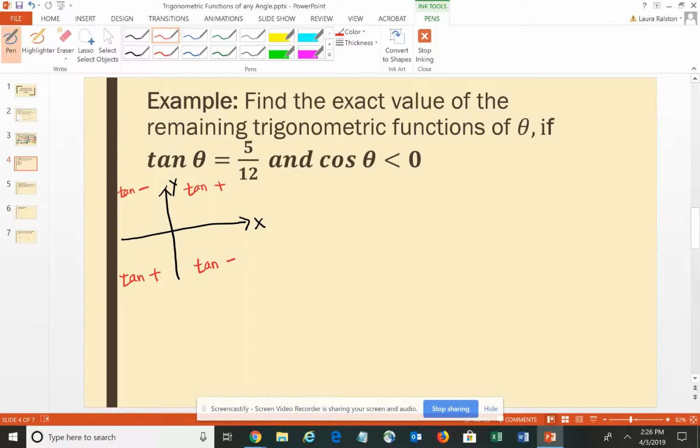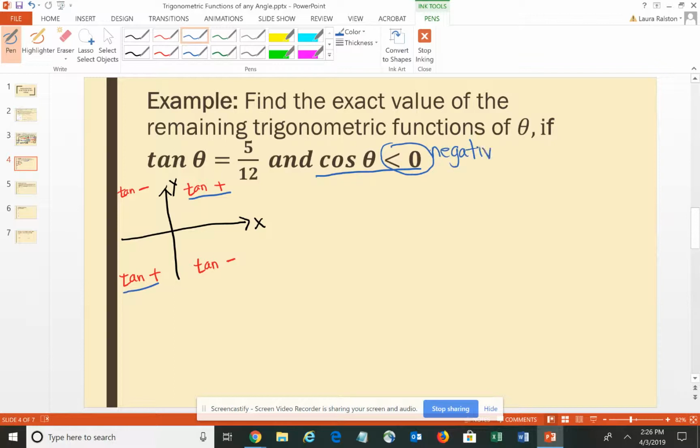So I'm either going to be in quadrant 1 or quadrant 3. The other caveat here is that the cosine is less than 0. The idea that it is less than 0 means that it's negative.